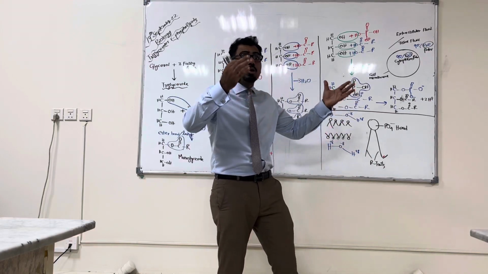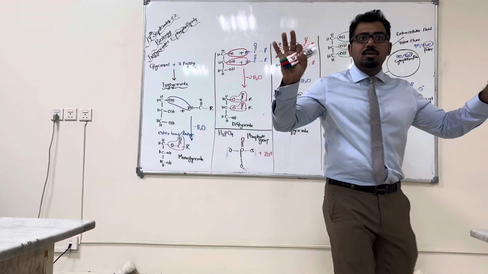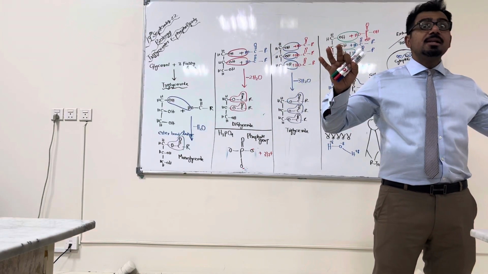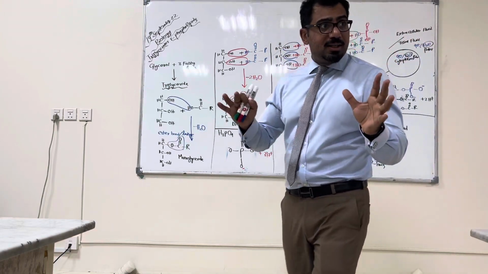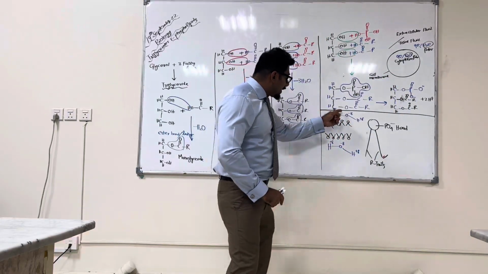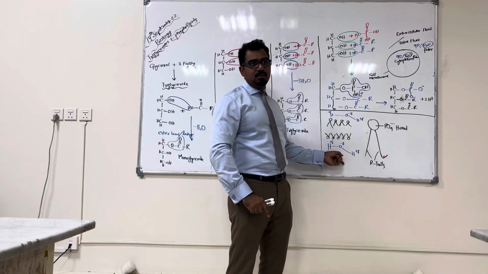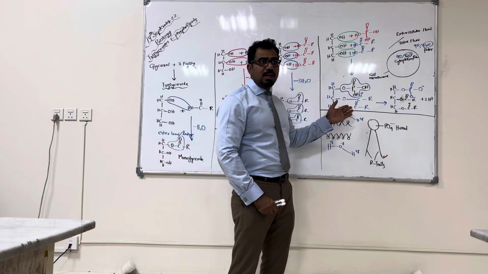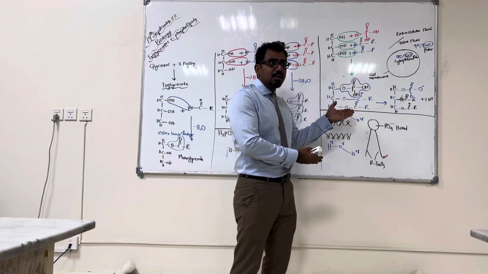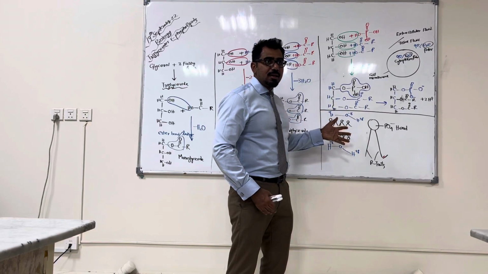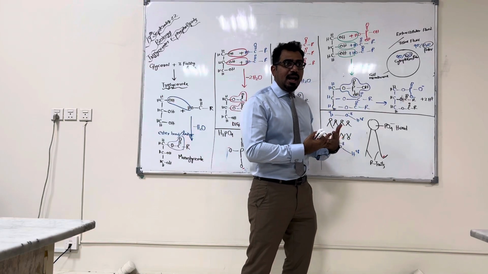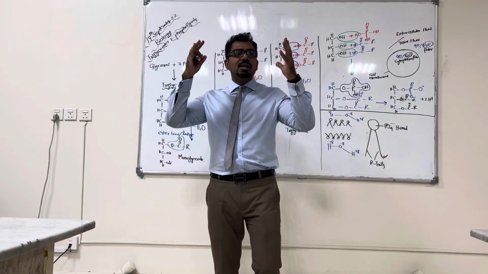But the tails are non-polar, not dissolved in the water. Cell membrane is a physical structure, and by looking at this, the cell membrane is maintained by the presence of water. If the water is inside and outside, then the phospholipids can be aligned in this way: the tails will be on the inner side and the heads will be on the outer side.